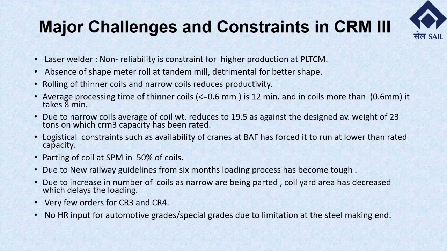Could you please explain parting of the coil again? Is it width-wise? For the width of 1000 mm and 900 mm, according to the new railway guidelines, the OD of the coil has to be less than 1.5 times the width of the coil.